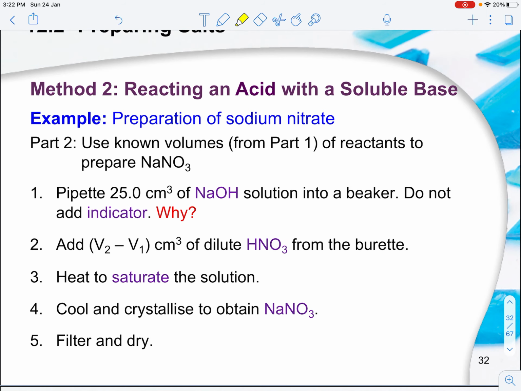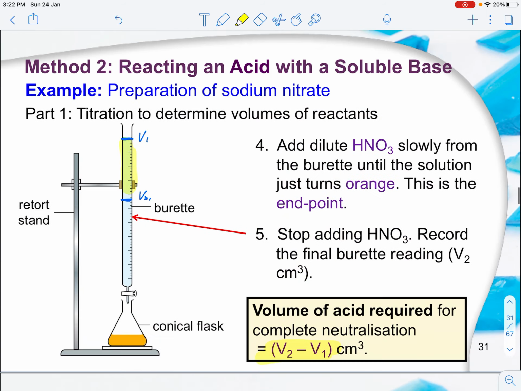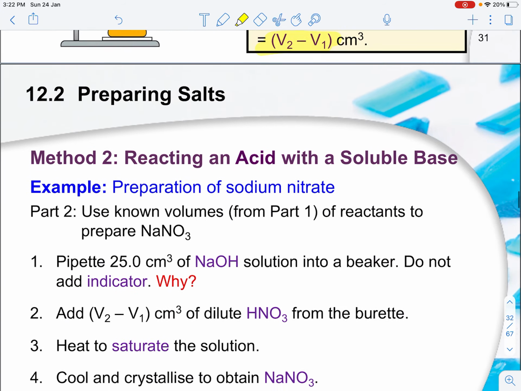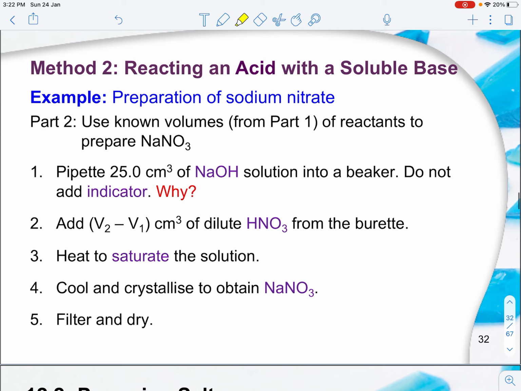After you have identified the volume of the acid, what do you do? You repeat this whole experiment, steps 1 to 5, without adding the indicator. So pipette 25 cm cube of sodium hydroxide solution into it. Do not add any indicator. Why? Because we are not interested in adding more impurities into it.